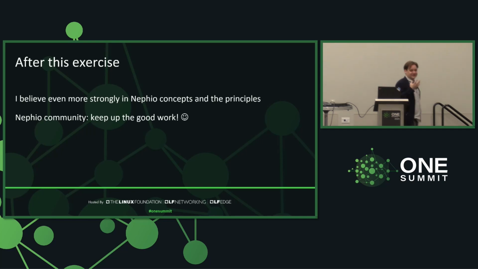And based on this, I would say that it works as a proof of concept. And I really think that the concept and the principles behind Nephio not only work in a real-world scenario. I also think that they are a little bit ahead of not just the state of automation in the telco industry, but also the state of automation in the Kubernetes ecosystem, in the Kubernetes community as well.